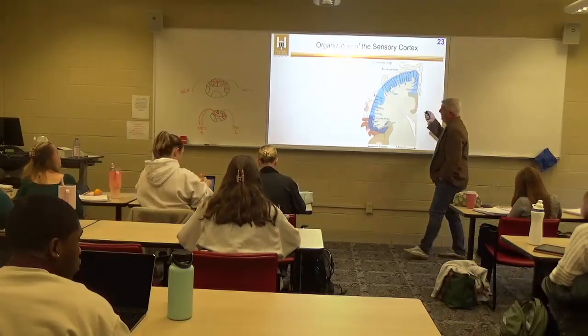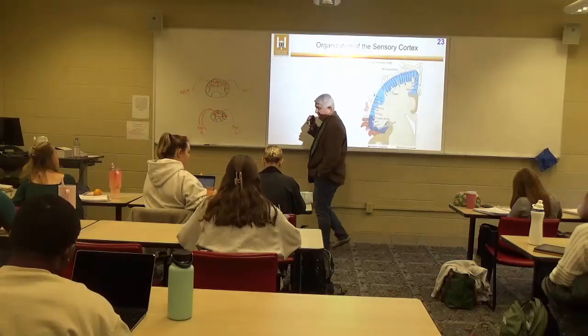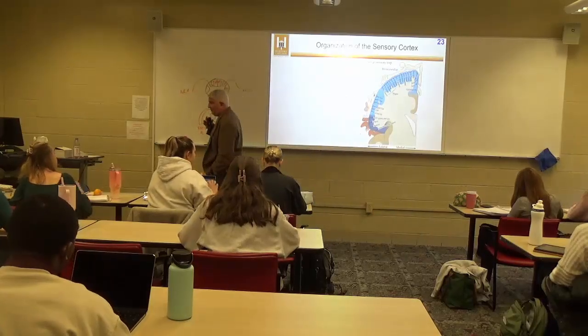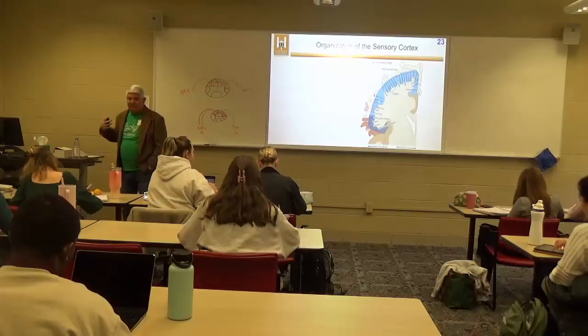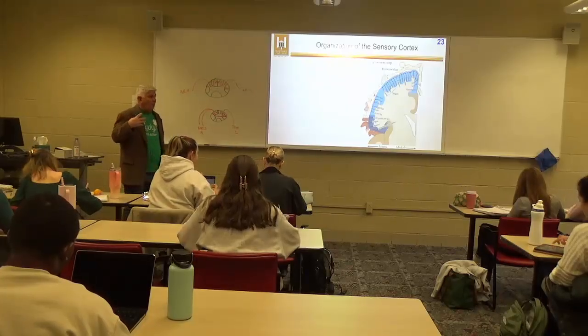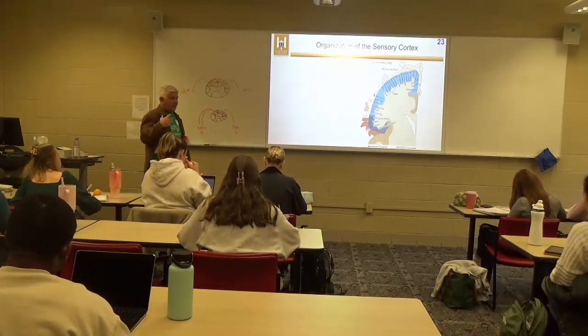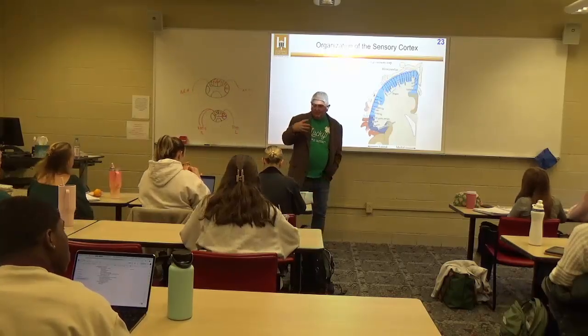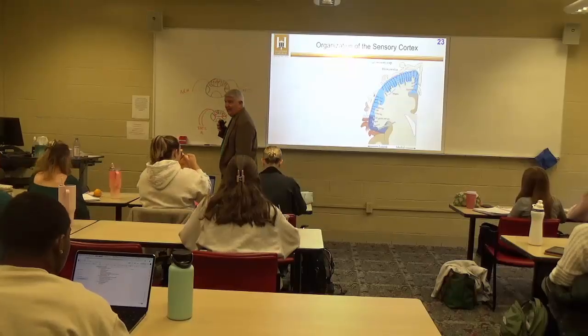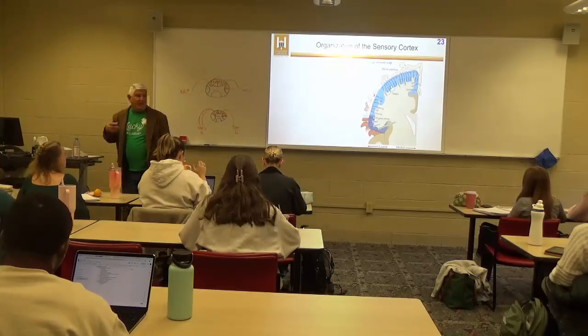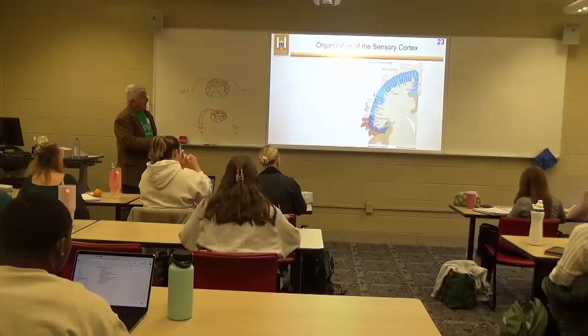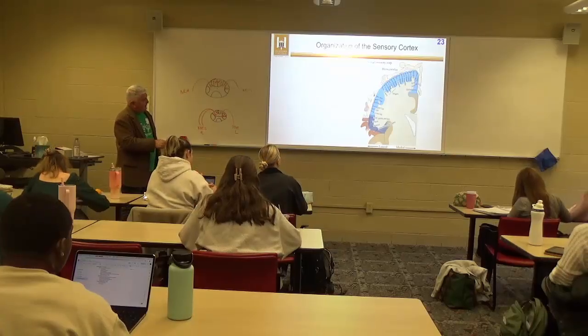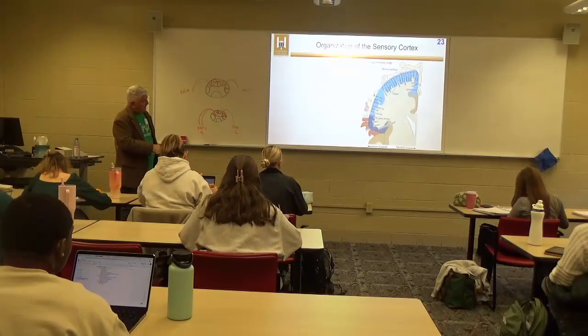And that creates what we call the homunculus, which is a map of how much cortex is devoted to different parts of the body. What parts of the body have the most amount of cortex devoted to? The face and the hands, right? Look, it starts from here and goes all the way down and around.